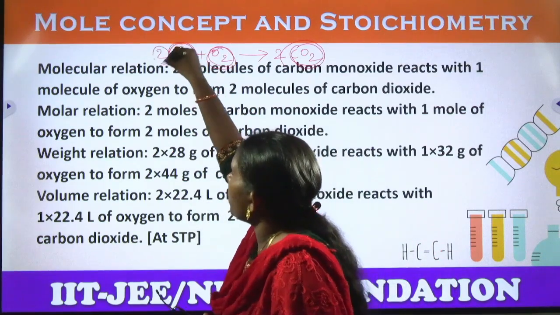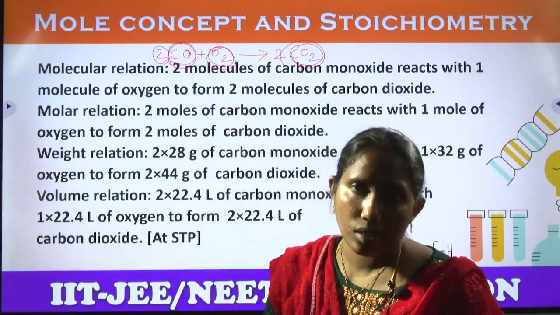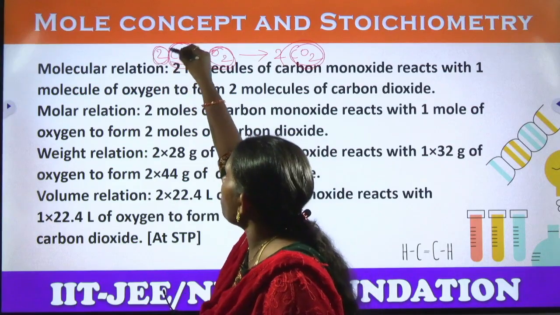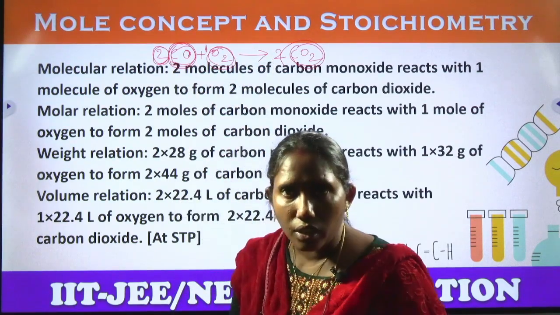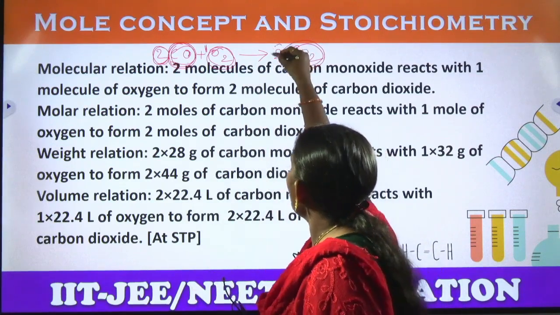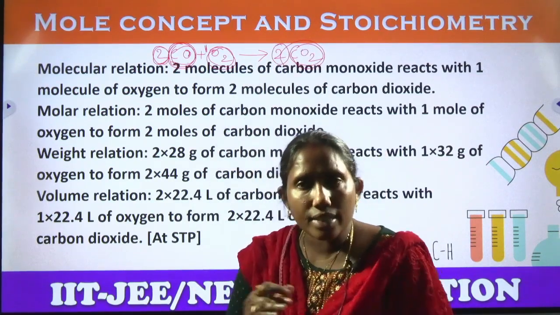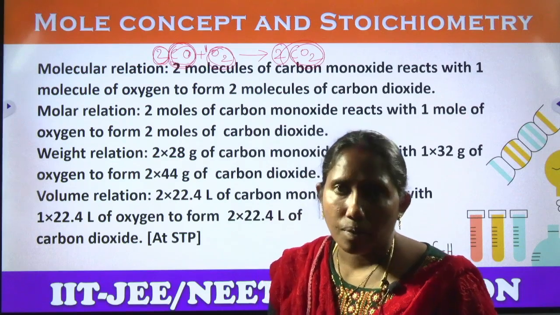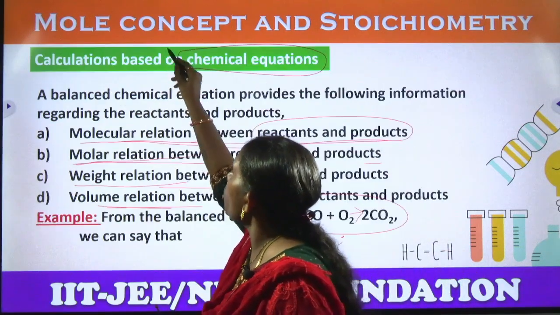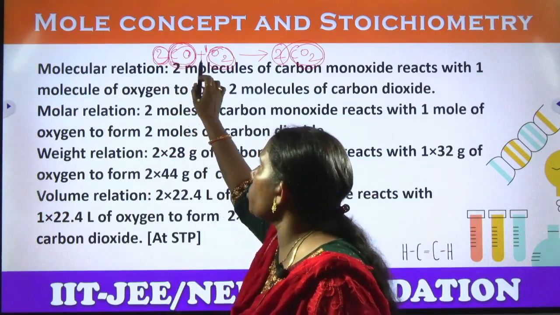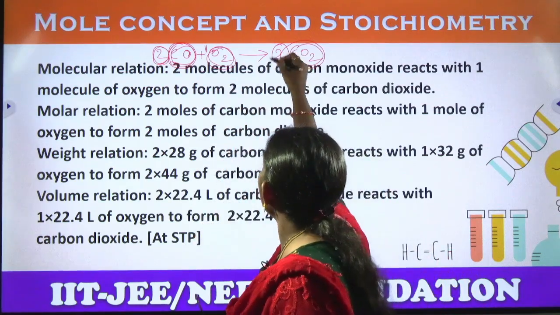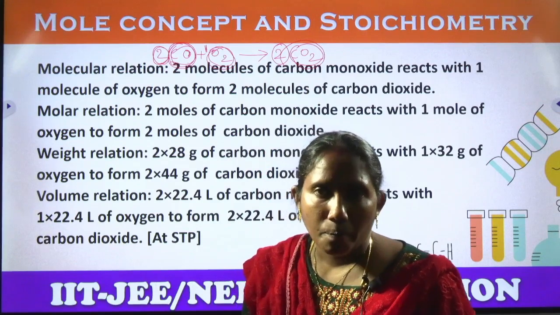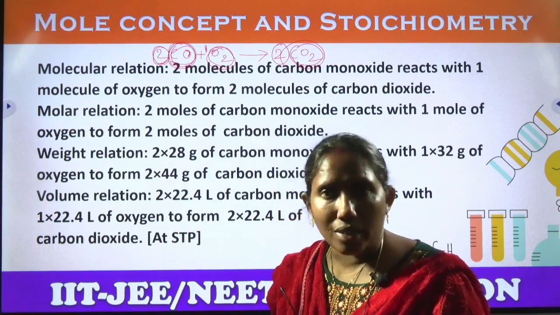This number represents the number of moles. 2 moles of carbon monoxide reacts with 1 mole of oxygen, gives you 2 moles of carbon dioxide. That is the molar representation.